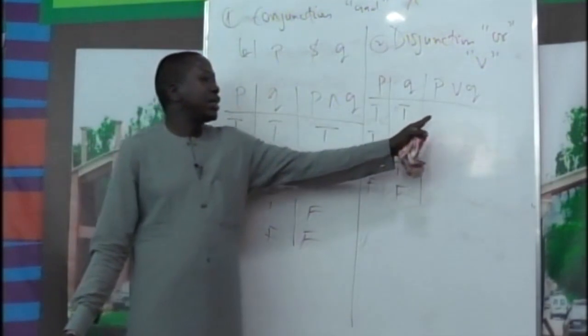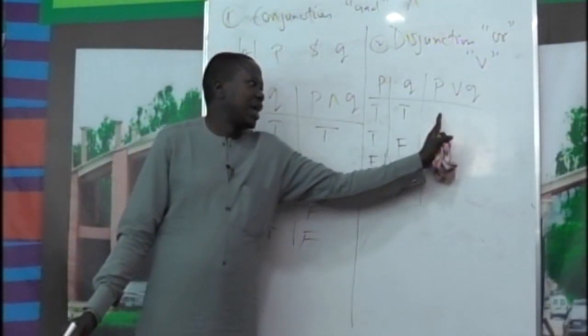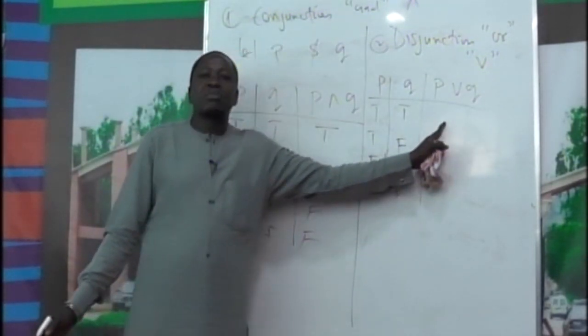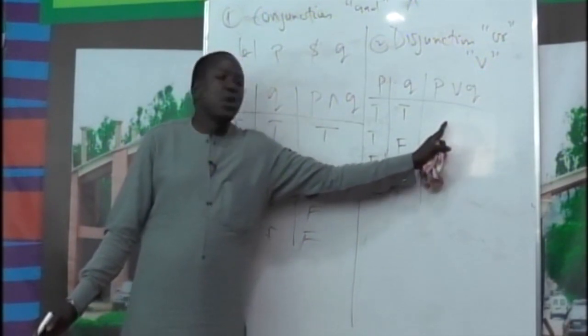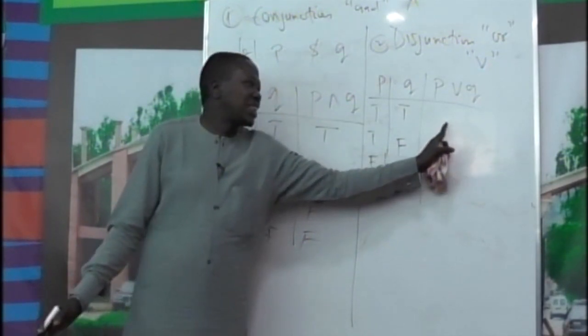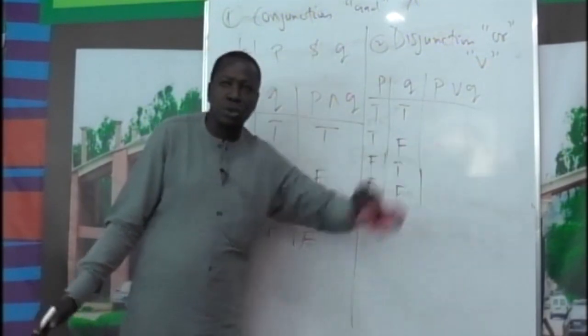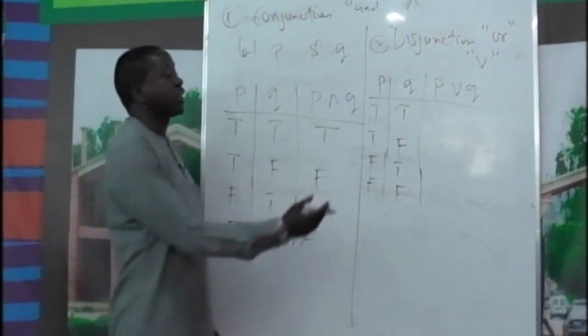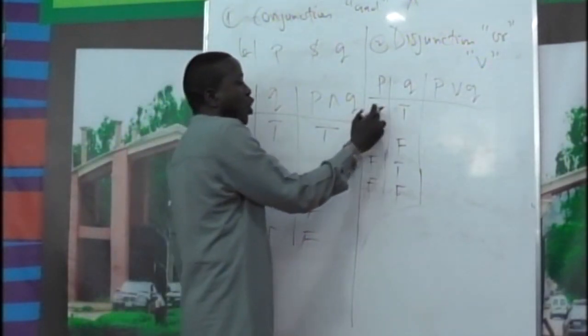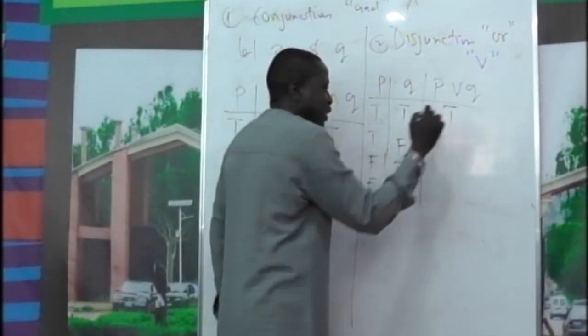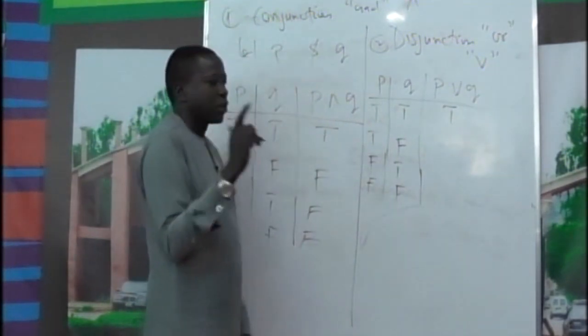In this case, at least one statement must be true before you have true here. At least one statement must be true, then you have a true statement. Like for example, true or true, I have true.